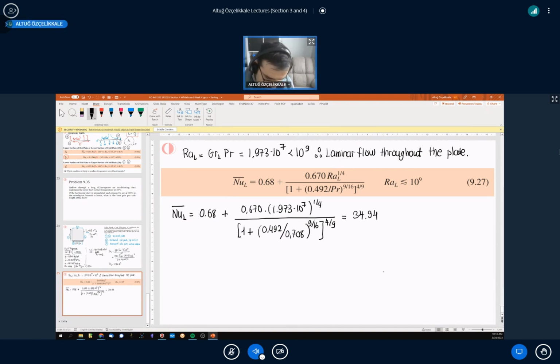And from here, h is equal to 3494 times 25.9 times 10 to the power minus 3 divided by the length, that's 0.2. Let's call this h1, which is equal to h3 associated with those surfaces. That's going to be 4.52 watt per meter square Kelvin.